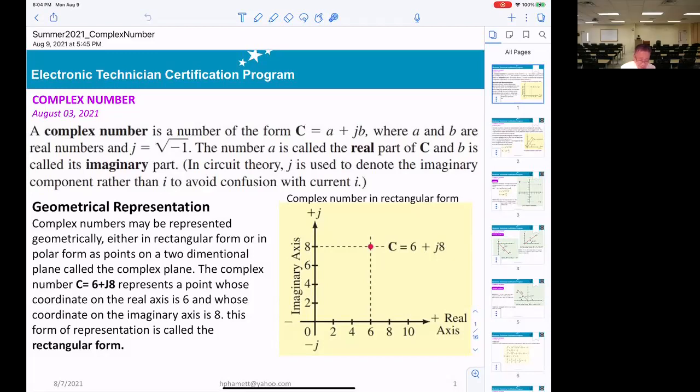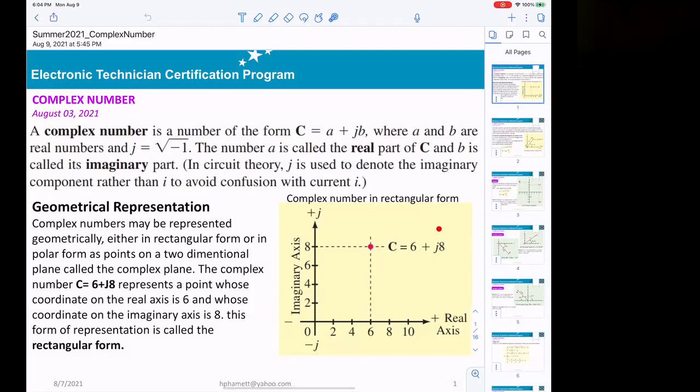But then it says J equals the square root of -1, and that A is the real part of C and B is called the imaginary part.